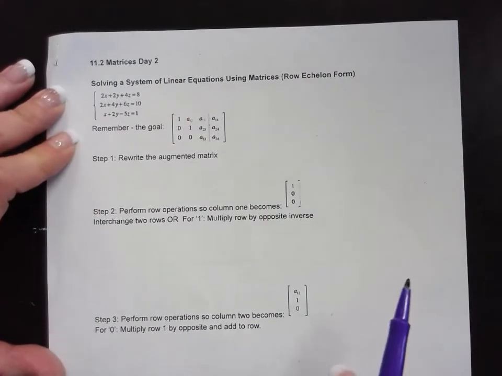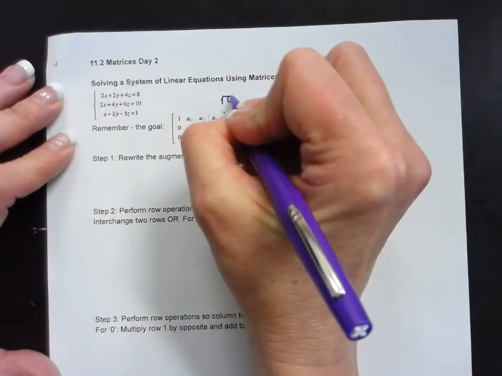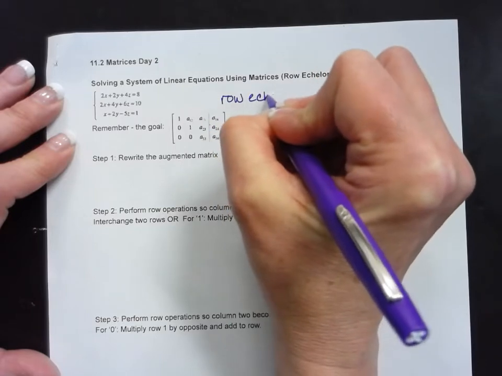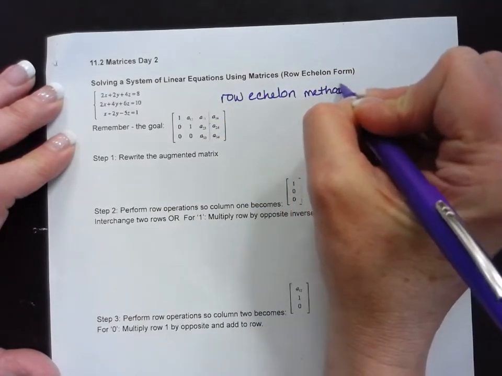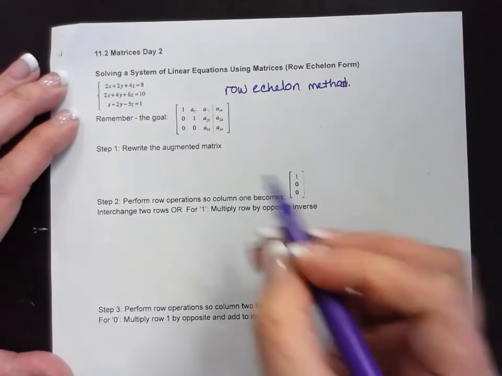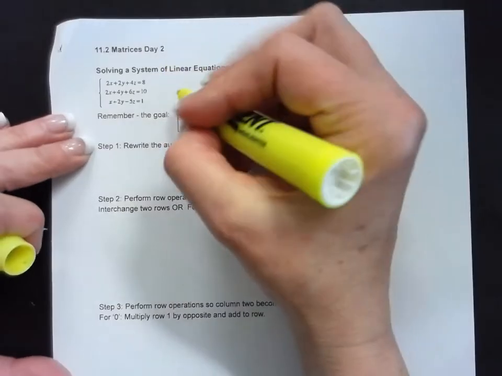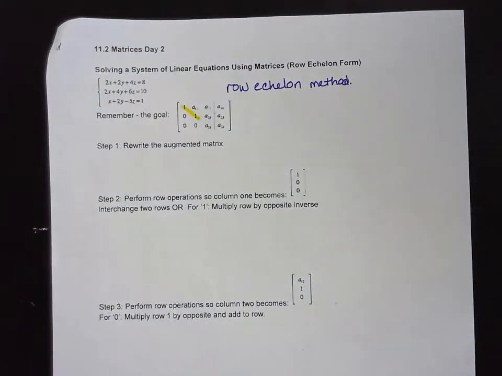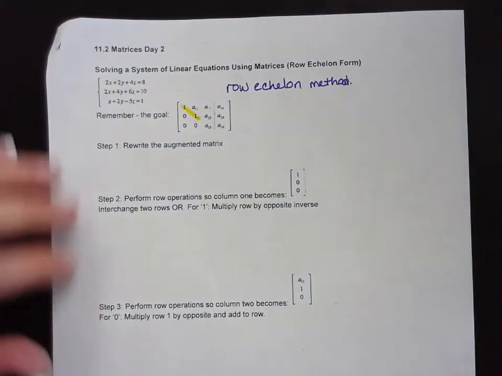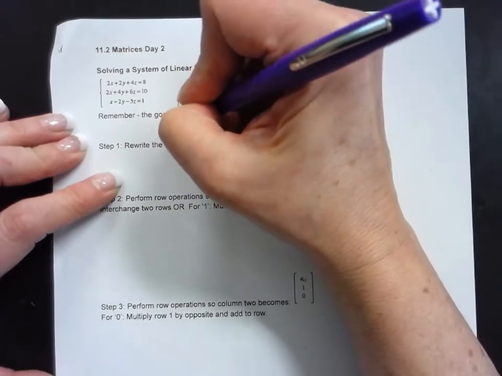And so my goal, because I'm using the method of row echelon, is that I want to get my main diagonal, the first 2 in ones, and then the triangle below it as zeros.